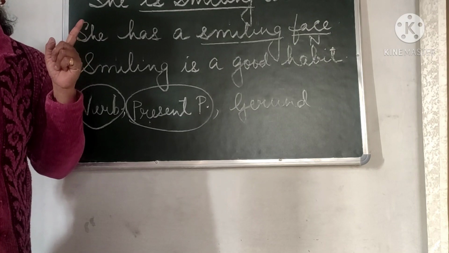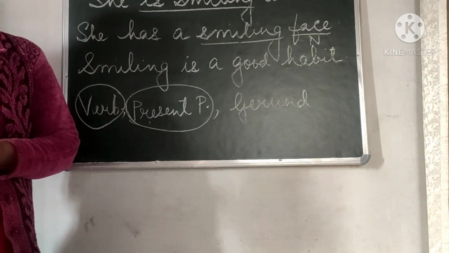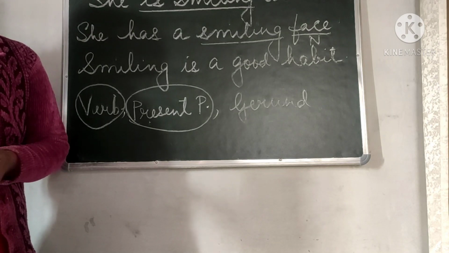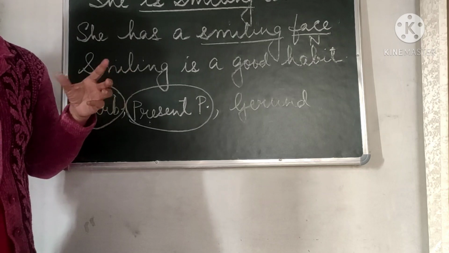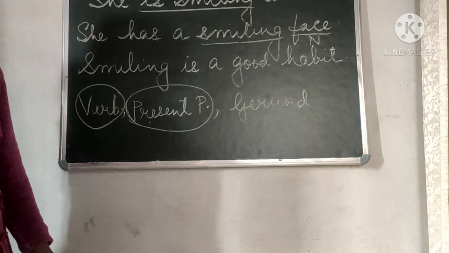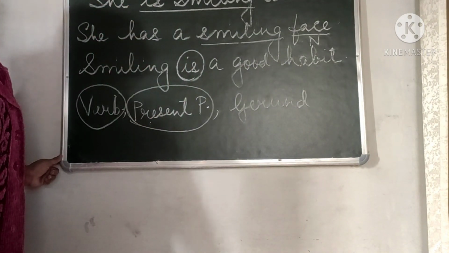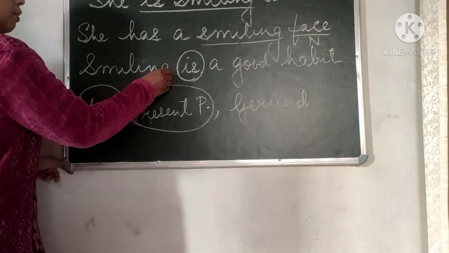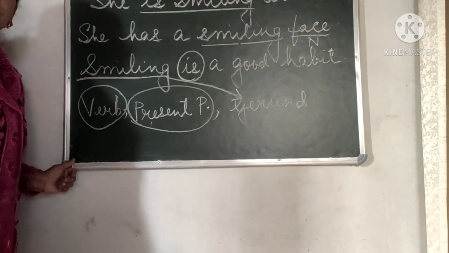Now the gerund can also be in the subject, and it can also be in the object. But in this sentence it has been used as a subject. It is not an action word in this sentence. What is my action word here? Is is my action word. So here this smiling has been used as a gerund.